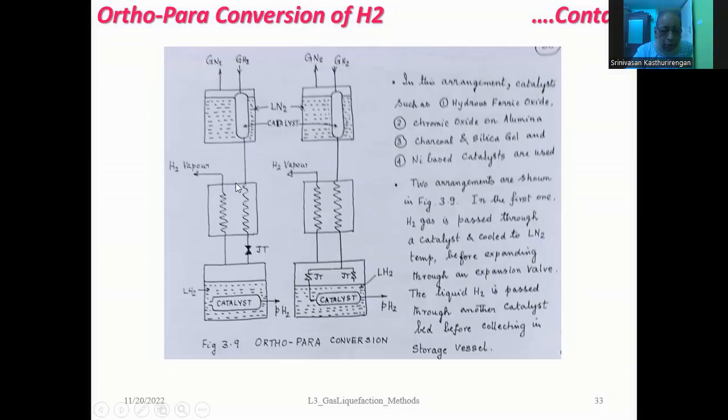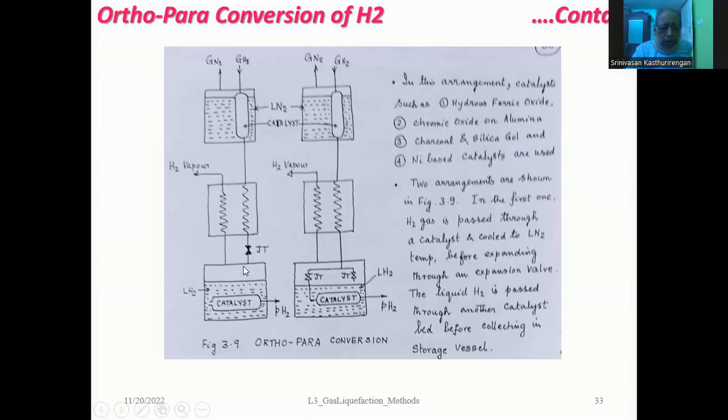Okay, then it passes through a heat exchanger, one of the parts. Then a Joule-Thomson expansion is done. So now the gas gets liquefied, and then you collect the liquid in this one. Now, one of the methods is to have a catalyst embedded here, and whatever outgoing liquid is passed through the catalyst so that the ortho-para conversion takes place in this particular part also, right?